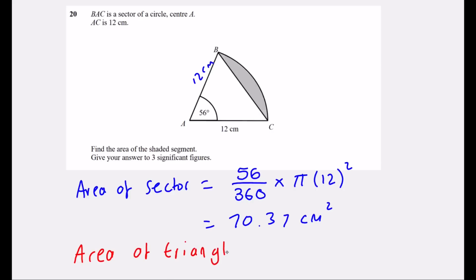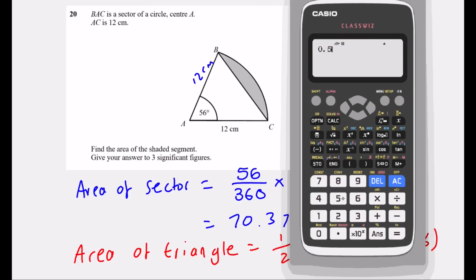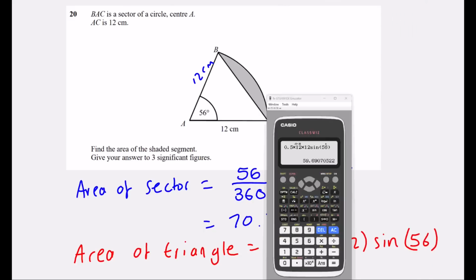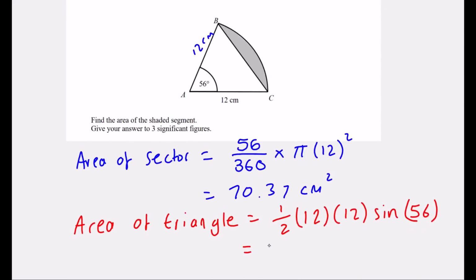So we're going to use half AB sine C. We don't know the perpendicular height, so we use half AB sine C. A and B are both 12, and C is 56. So it's half times 12 times 12 sine 56, which is 59.69 centimetres squared.